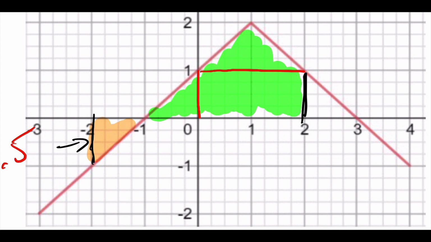The rectangle, you're going to get +2, +2? And then the triangles, this is 0.5 because it's the same triangle we had last time. The top triangle, the base is 2. The height is 1. 2 times 1 divided by 2 you get 1.